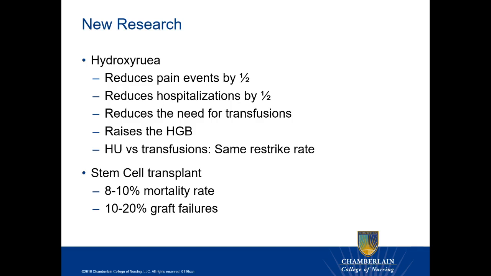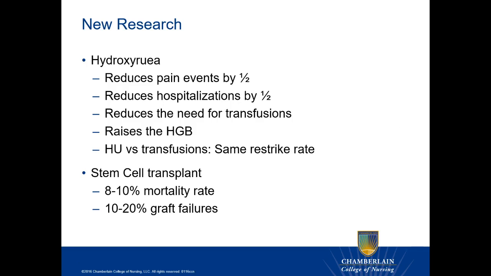There's new research out there that shows that there's a drug called hydroxyurea. They've used it more in adults than children. Can reduce pain events, can reduce hospitalizations, can reduce the need for transfusions. It works just as well as transfusions for preventing stroke. It will raise the hemoglobin level.